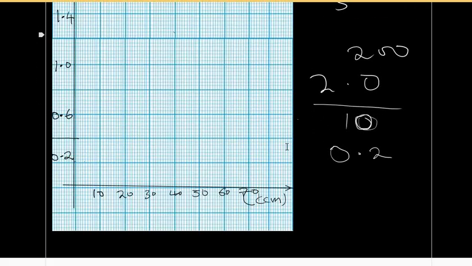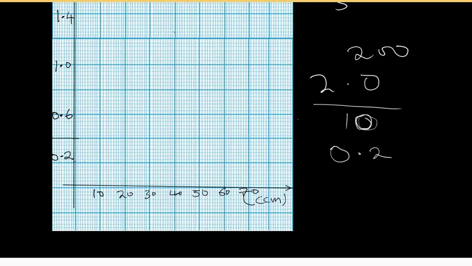So let's start tracing our values. Now you need to know the value for each of these small boxes so that you know exactly where to trace your coordinate. So how do we get the value for each of the tiny intervals, the small interval?